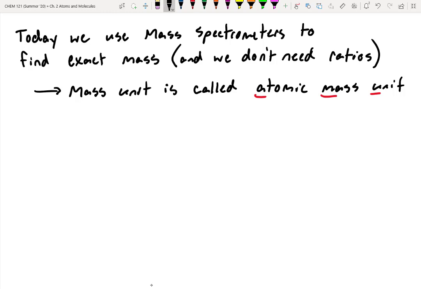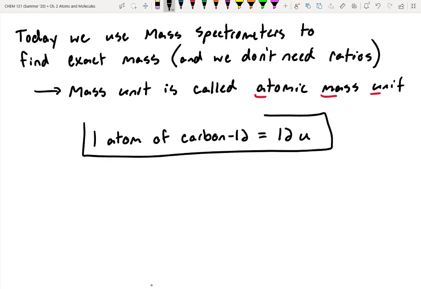It's interesting, the AMU units actually have a standard, and that is that one atom of carbon-12, that particular isotope of carbon, is equal to exactly 12 atomic mass units. So this is the standard to which everything else is compared. I know it seems a little bit weird that they use carbon-12 and not hydrogen, but that's just the isotope that they chose to use in this case.